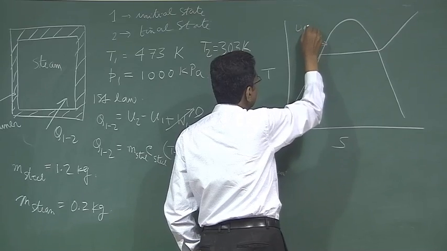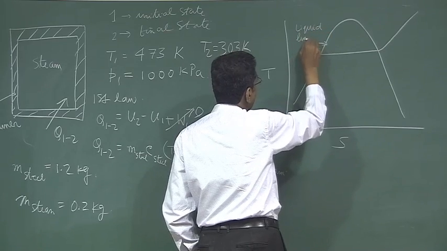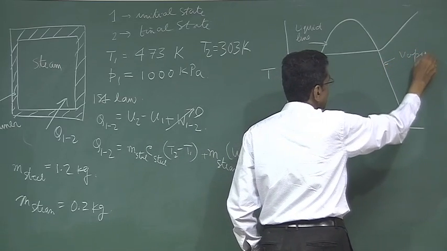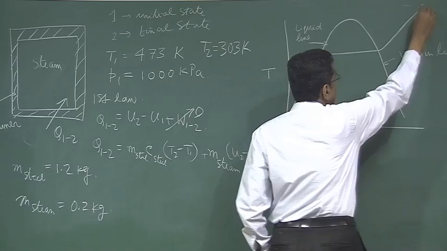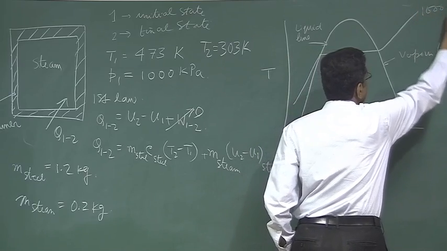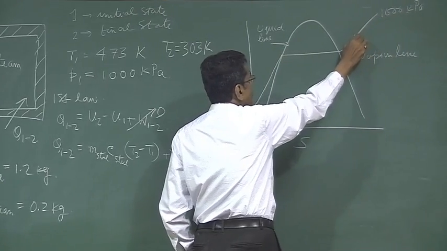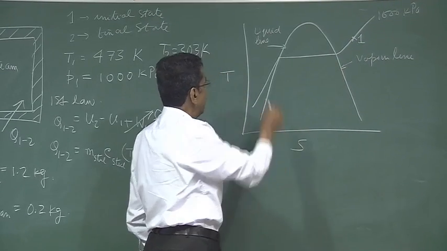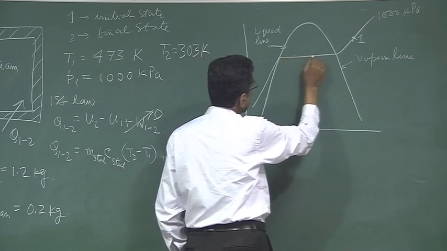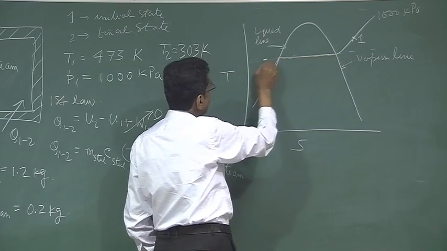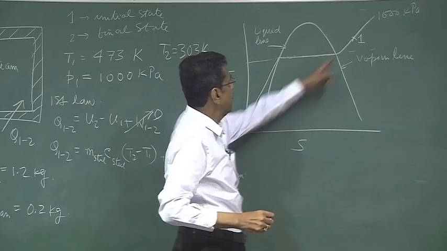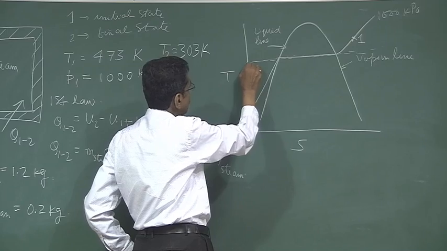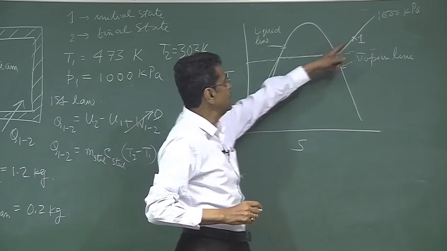This is the liquid line, saturated liquid state, all the points on this line, and this is the vapor line, the saturated vapor. If this is the 1000 kilopascals pressure line, my state is like this. This is the saturation temperature corresponding to 1000 kilopascals, and this temperature is higher than that. So this is at the superheated state.